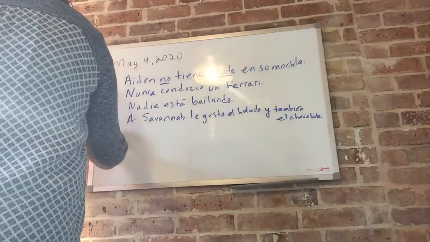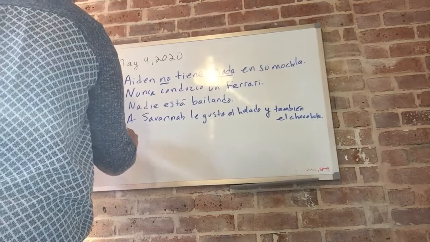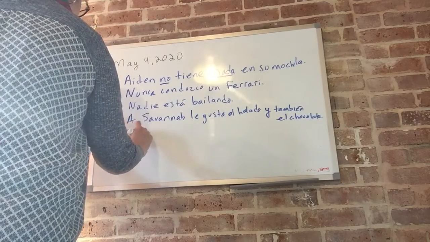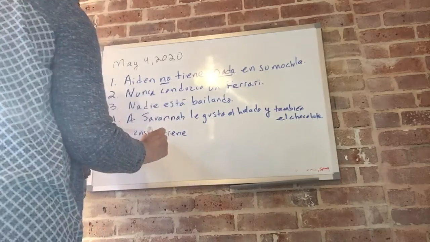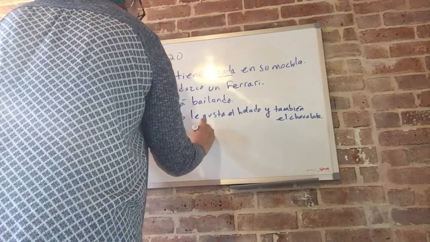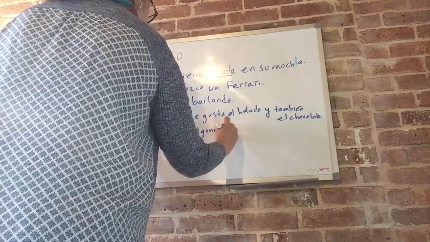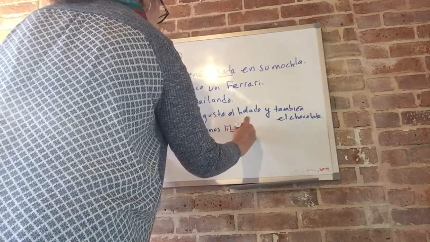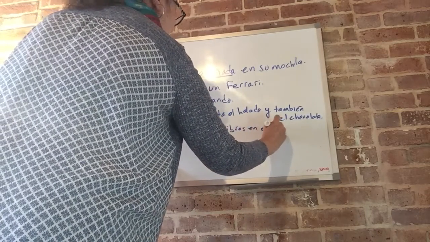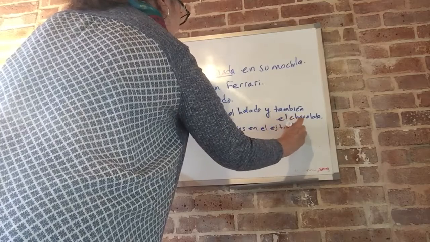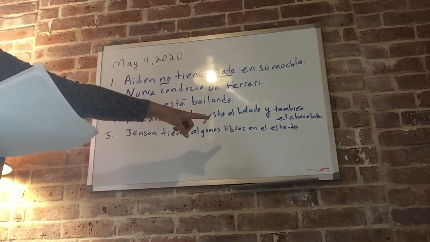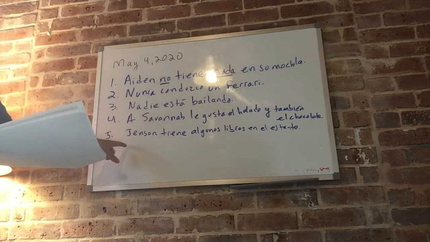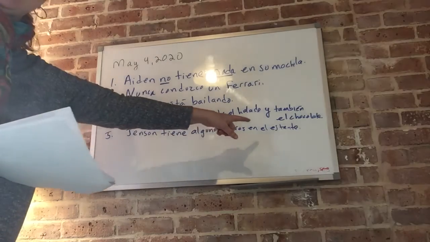Número 5. Jensen has some books on the shelf. So you can pause the video. Right, so Jensen tiene algunos libros en el estante.